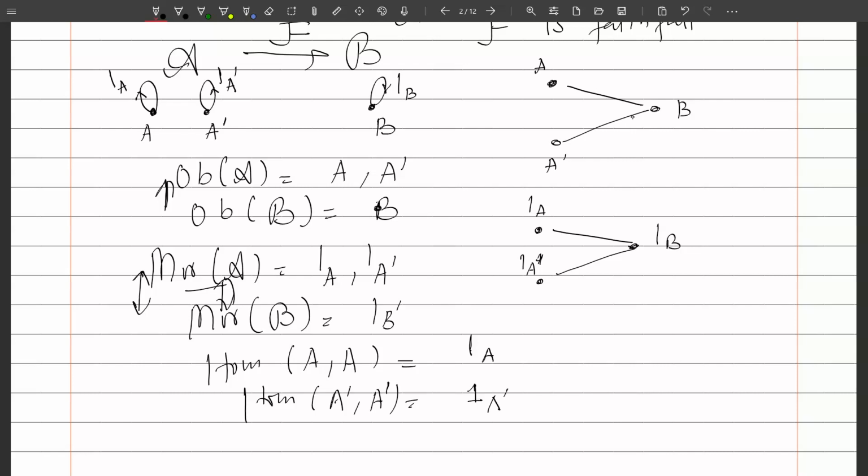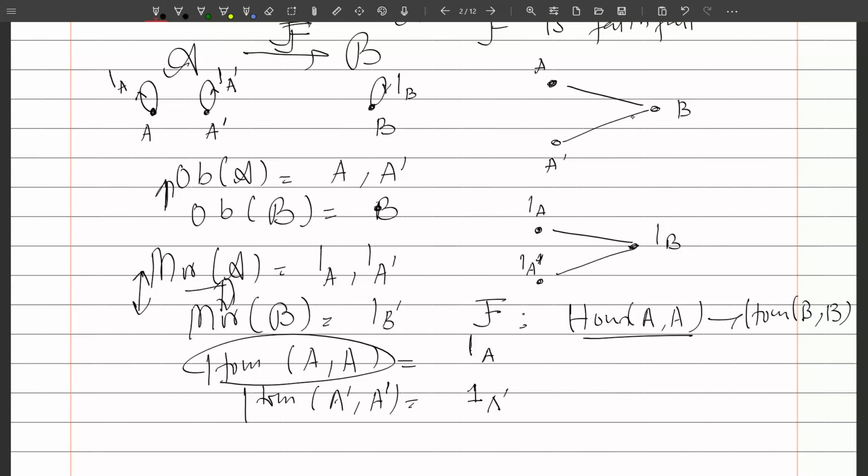Now let us restrict this functor to this home set. Then we have a map from home A to A to home B to B. This set has one element, which is 1 sub A, and this set has one element, which is 1 sub B. So this functor takes this morphism to this morphism.